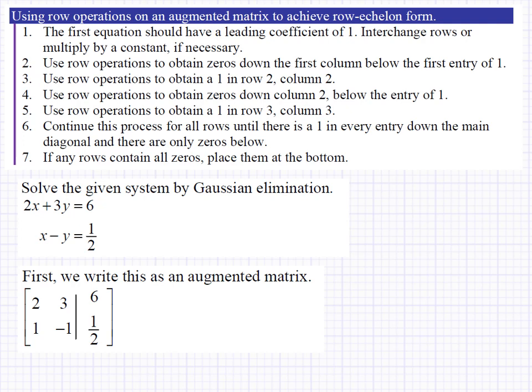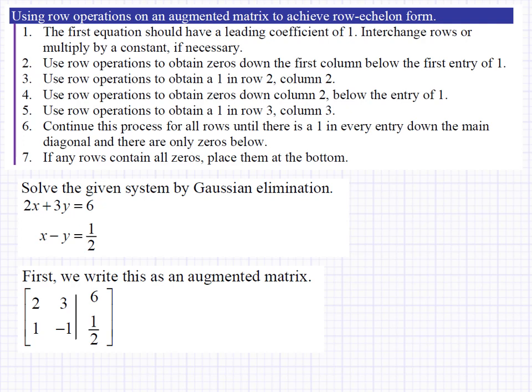We'll use row operations to achieve zeros down the first column below the 1, and then we'll try and get a 1 in the second column, second row, and then continue with zeros below that. Then we're going to get a 1 in the third row, third column, and zeros everywhere else. So basically creating our row echelon form by getting 1s in the diagonals and zeros below.